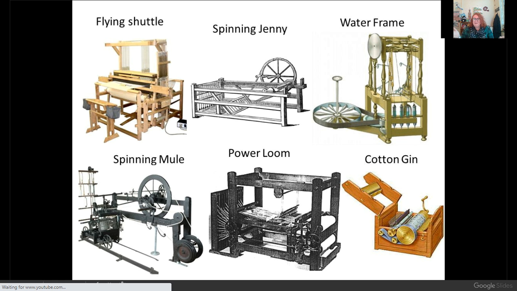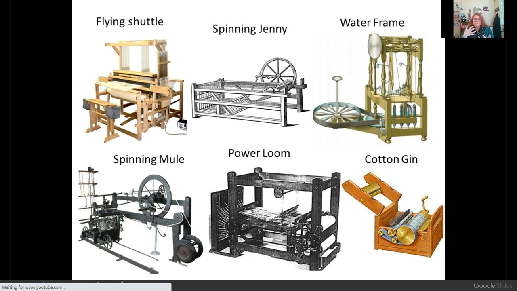Throughout all of your social studies learning, you have learned about at least one, if not all of these. And these are just different iterations of how to make yarn.